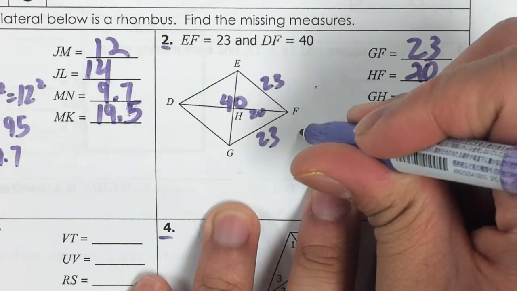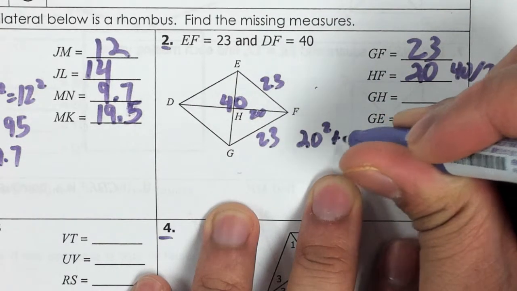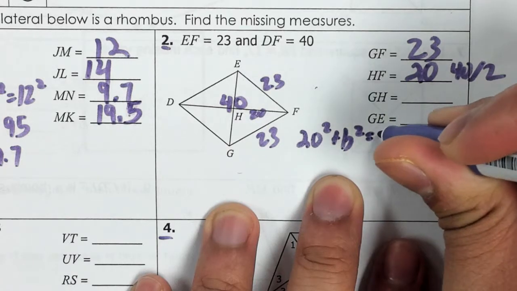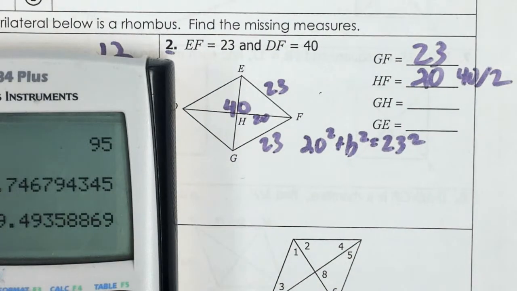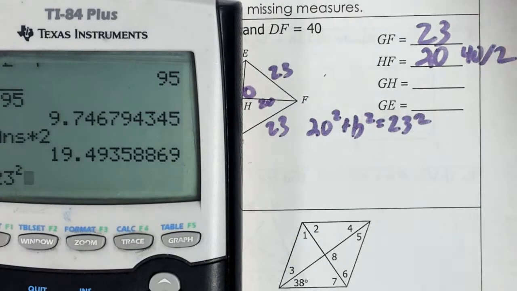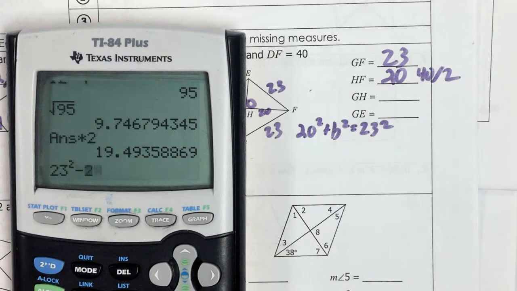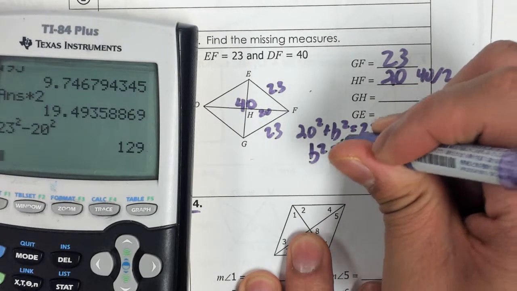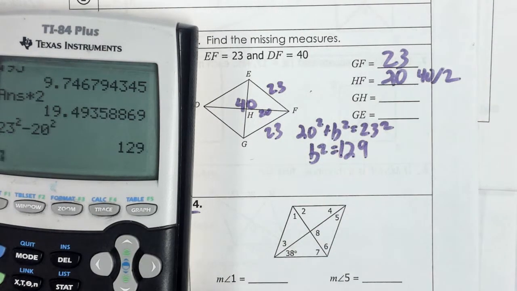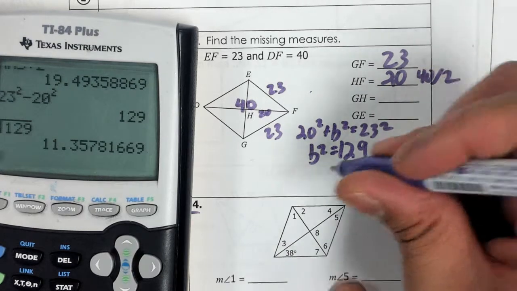So we have 20 squared plus b squared equals 23 squared. I can do 23 squared minus 20 squared. B squared equals 129. Square root that number.